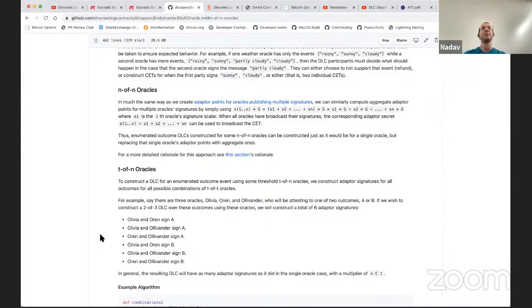So rather than Alice says it's raining, you can have a point for the event Alice says it's raining and Bob says it's raining and Chris says that it's either raining or it's partly cloudy or something like that. You can create these kinds of ands and ors of these points and create new ones and then use those to lock up the actual transactions that pay out to those events.